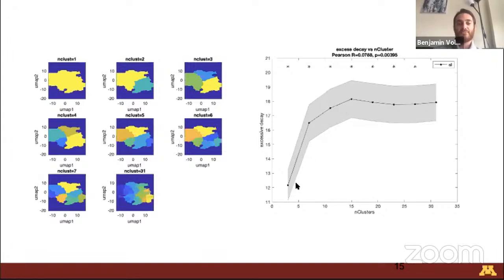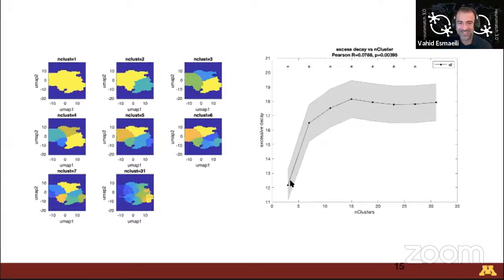Only if we get down to 3 clusters or lower will we get a smaller difference in decay rate. But still, it's above chance. So it's still non-Markovian, but it does look to be a little bit faster with fewer clusters. All right, great, thank you.